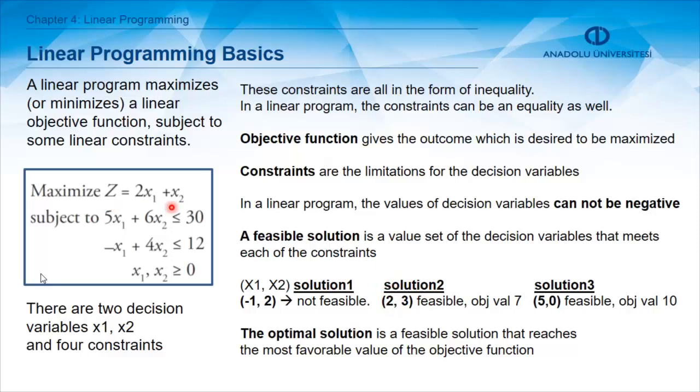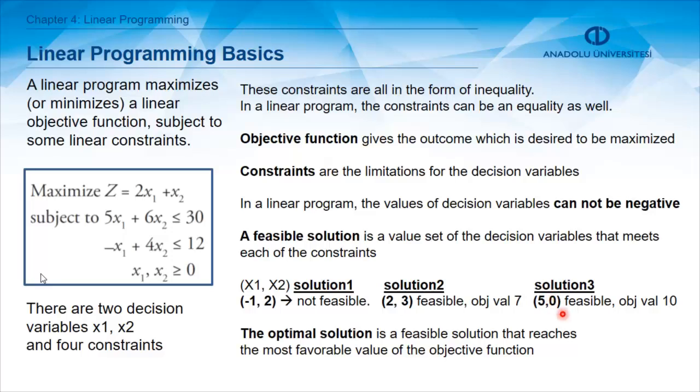If the solution is feasible, then we can try it out on the objective function. x1 was 2, 2 times 2 is 4, plus x2 is 3 in here, 4 plus 3 is 7. The objective value of solution 2 is 7. Here we have another solution. It's 5 for x1 and 0 for x2.